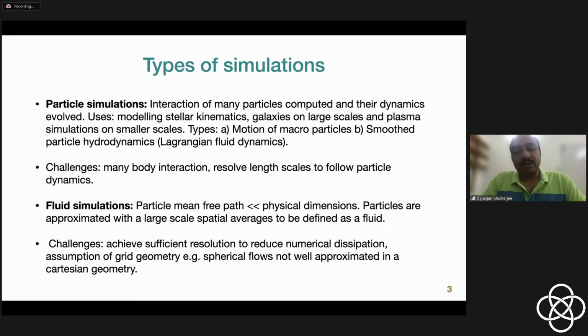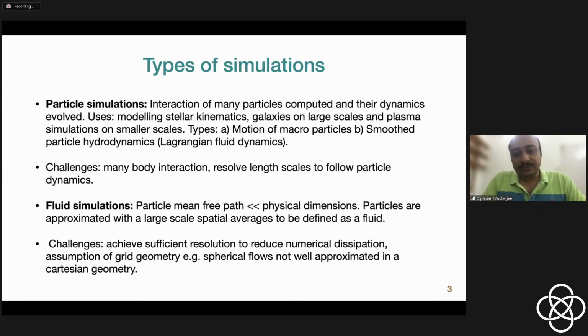Of course, in simulation, you really cannot simulate billions of particles. That would be quite taxing. So what we do is we assume that a single artificial particle is a collection of particles, called a macro particle. And we evolve the motion of these macro particles guided by the basic formulation of the physics we want to study.